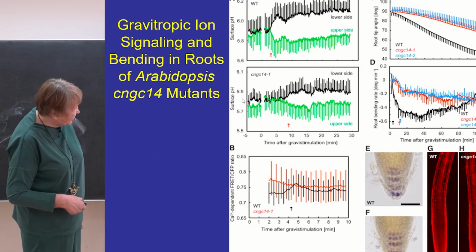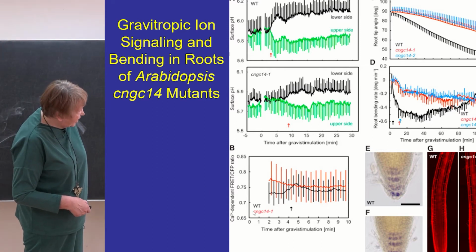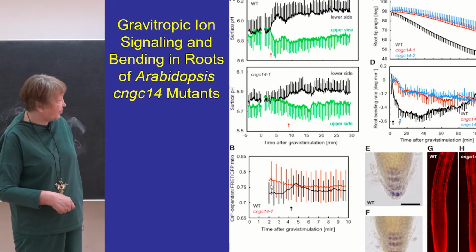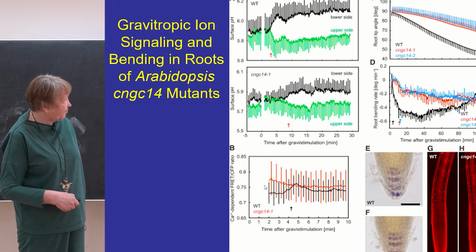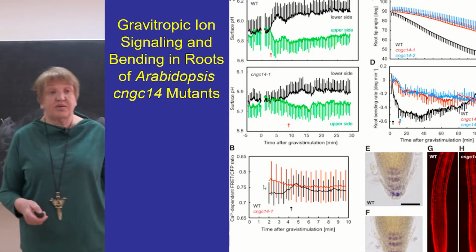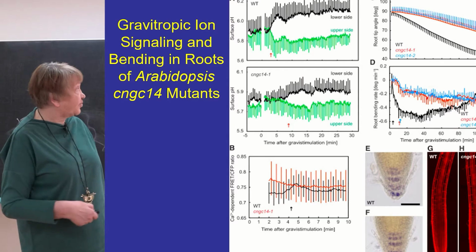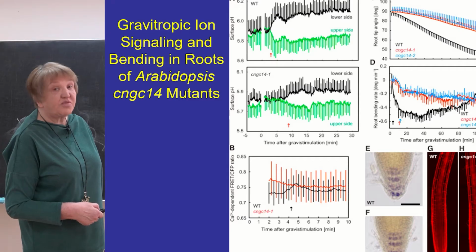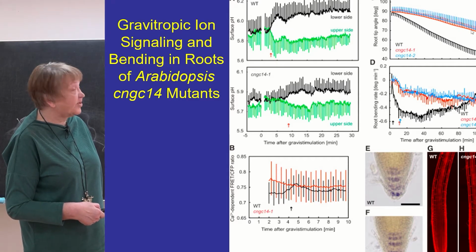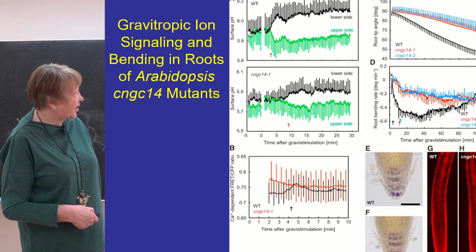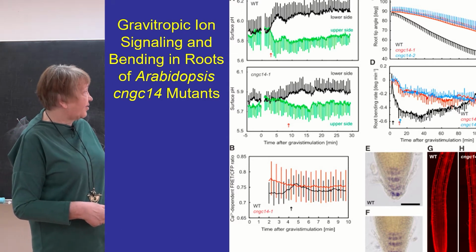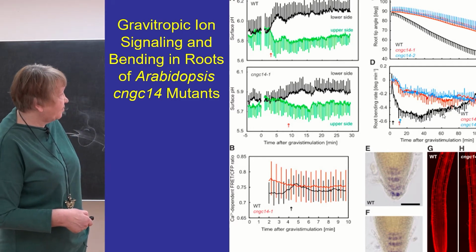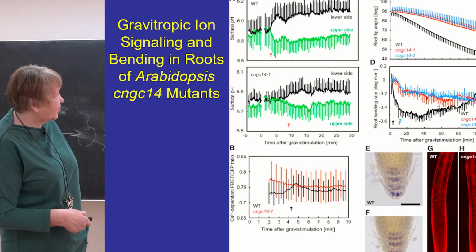But the calcium-dependent FRET in wild type increases after 5 minutes of gravity stimulation, which doesn't happen in the mutant. And lo and behold, the actual gravitropic response is different. So this is root tip angle after gravity stimulation, and you see in the mutants the gravitropic response is certainly inhibited.